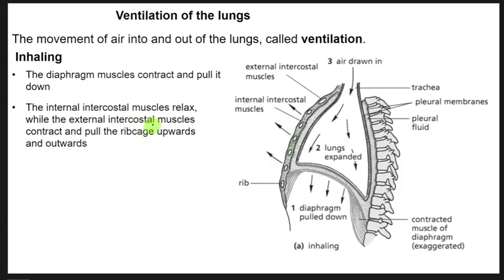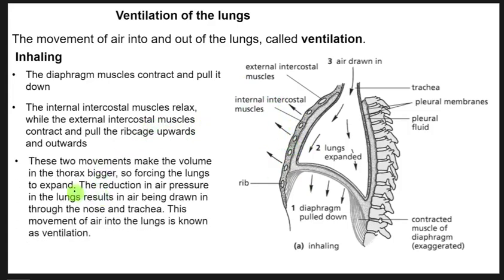Once this happens, these two movements make the volume in the thorax bigger. The volume in the thorax or chest becomes bigger, forcing the lungs to expand.